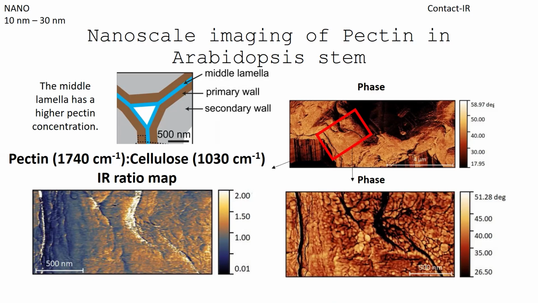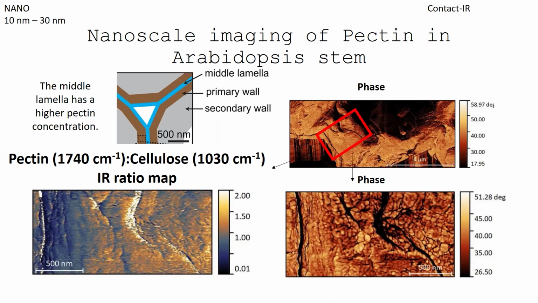And with this contact IR mode, our lateral resolution looks nice, but we can't. So here we're mapping out the pectin response with respect to the cellulose, and there should be a nice line right here in the center. We don't really see that. It's a pretty blurred out response.